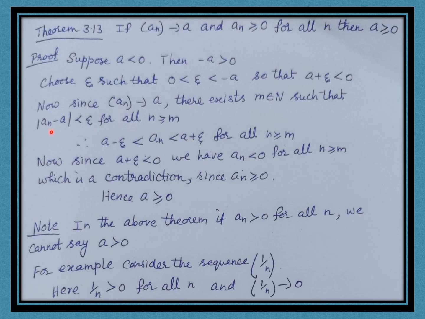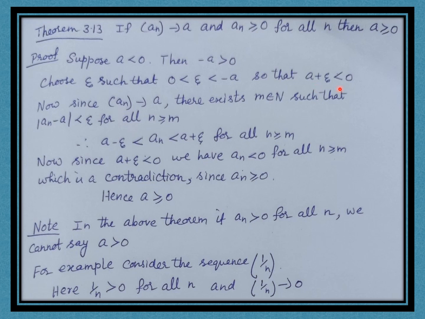By the definition of convergence, this can be written as an belongs to the open interval a minus epsilon comma a plus epsilon for all n greater than or equal to m. That means a minus epsilon is less than an is less than a plus epsilon.